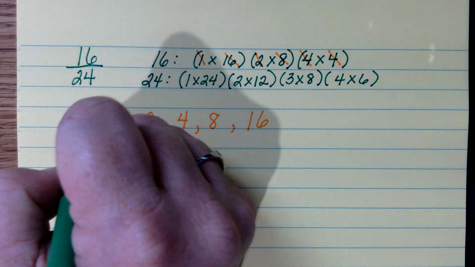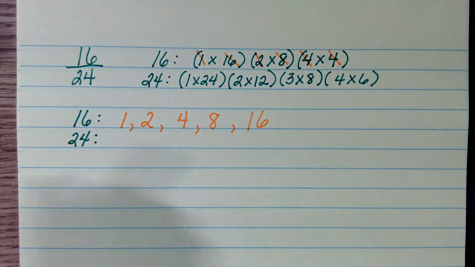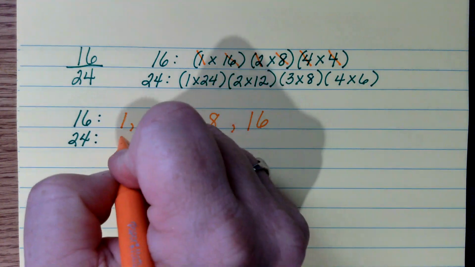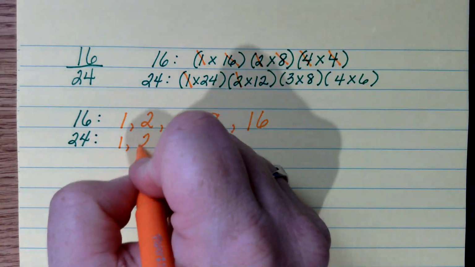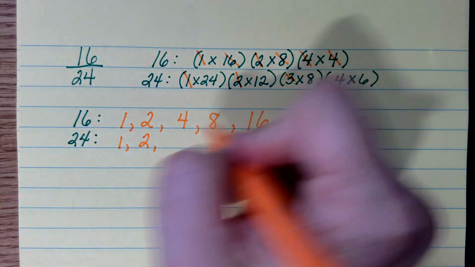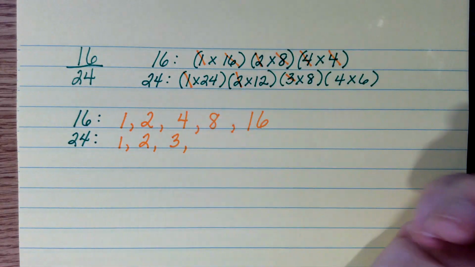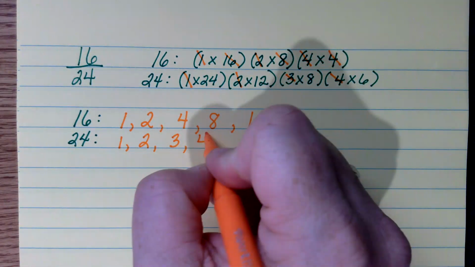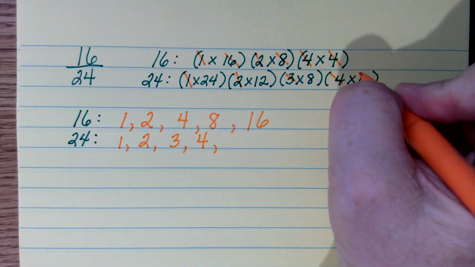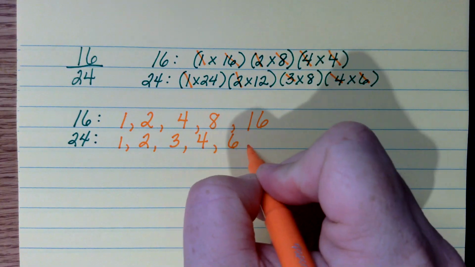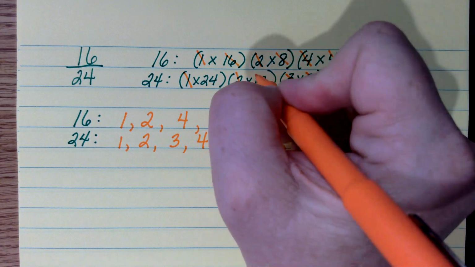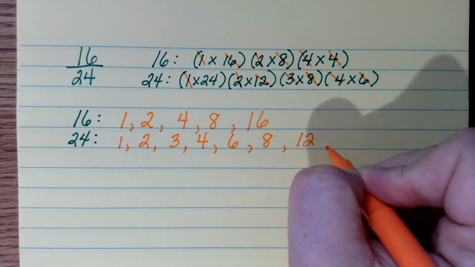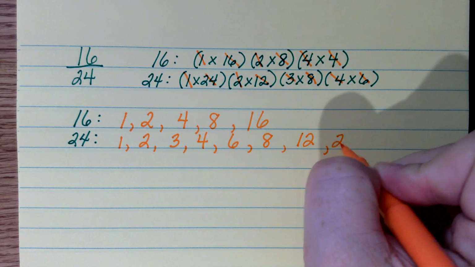Then I'm going to come in here and I'm going to do the same thing. I'm going to list the factors from least to greatest. And I'm going to cross them off as I go so I know I've dealt with them. 1, 2, 3, 4, 6, 8, 12, 24.